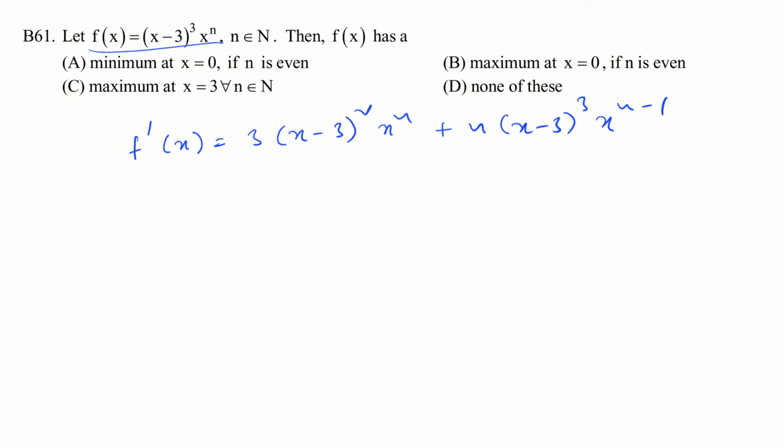Now this is nothing but (x minus 3) whole square into [3x power n plus n into x power n minus 1 into (x minus 3)] I have.